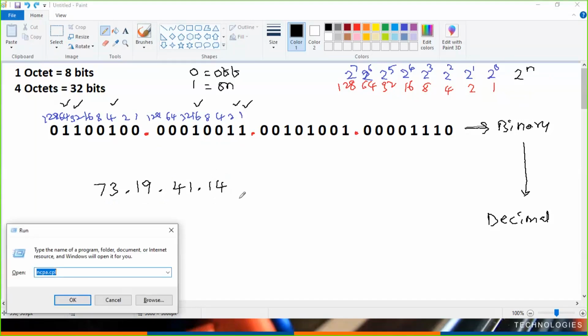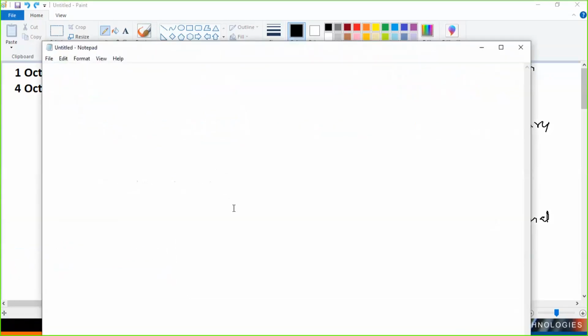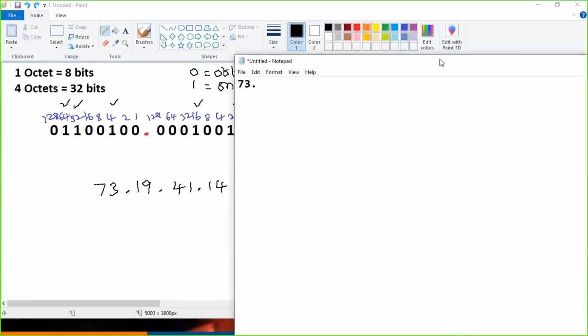So this IP address we can use to assign to any one device. 73.19.41.14. I'm giving some examples of IP addresses, like 121.19.23.56.